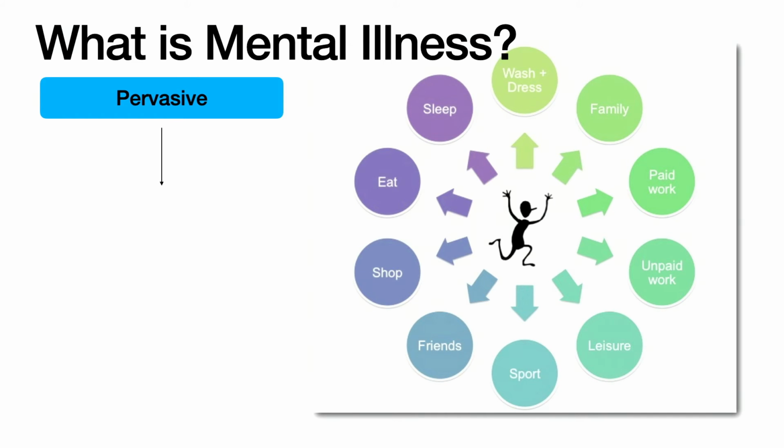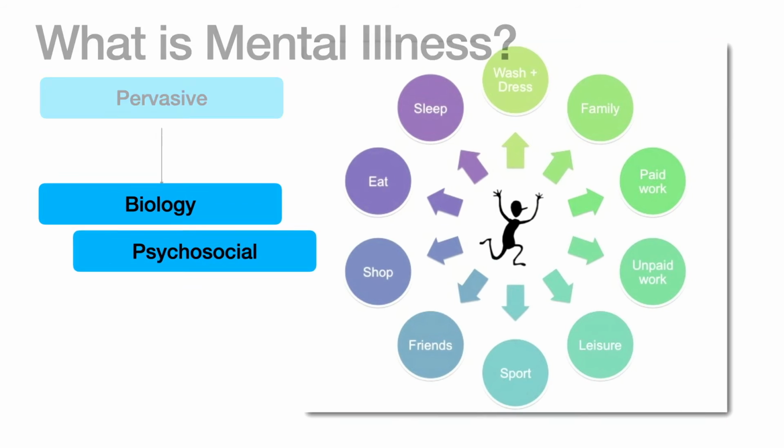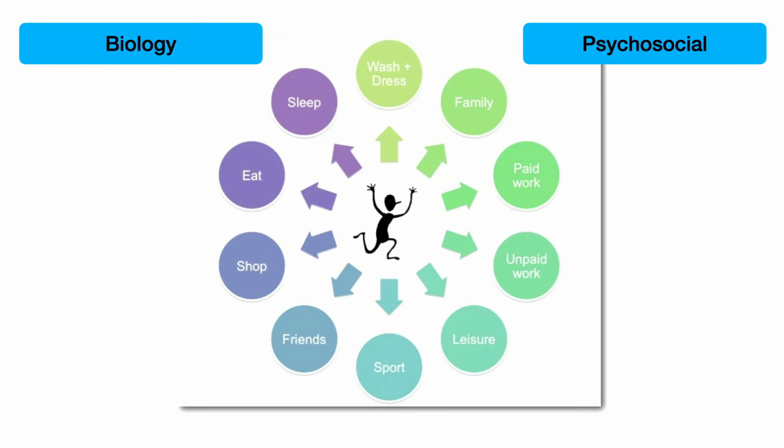Now, pervasiveness has two approaches that we take in terms of treatment. One is the biological approach, and the other is psychosocial. So I'm going to talk to you now about the characteristics of treatment that we engage in from these two perspectives.